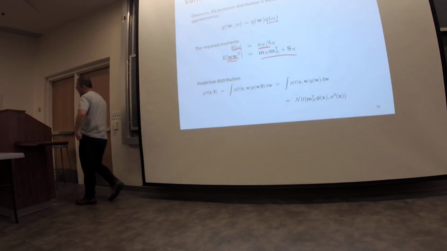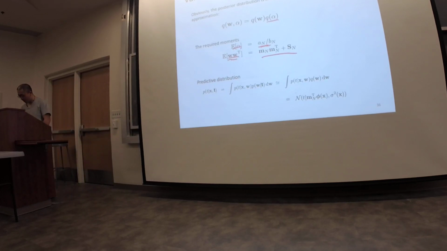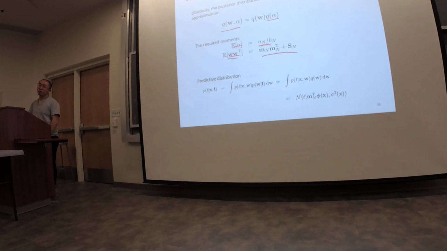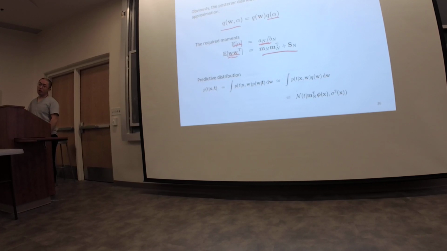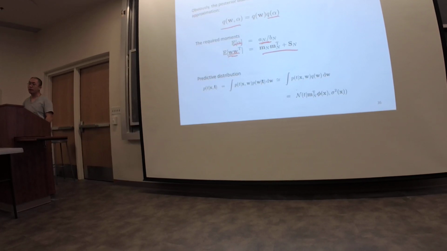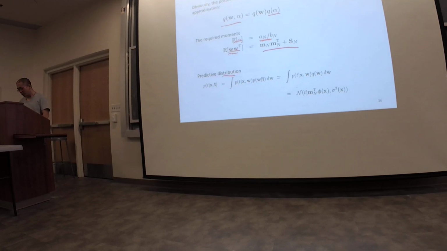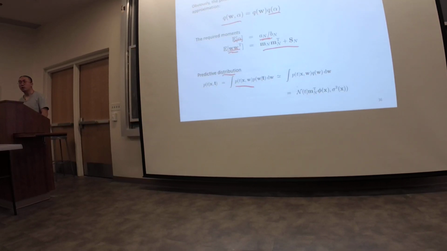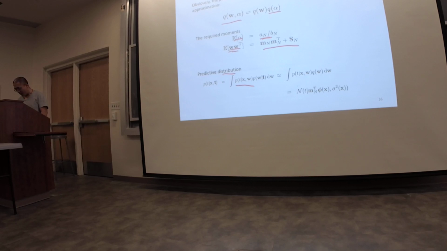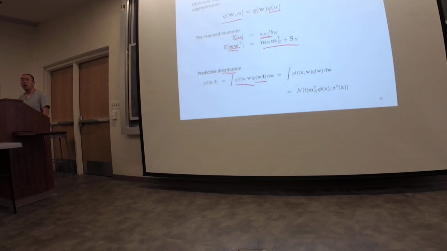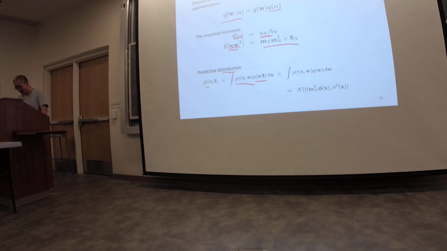And finally, you can find your approximate posterior distribution. With this approximate posterior distribution, you can compute the predictive distribution. The predictive distribution is the likelihood multiplied with the posterior distribution of W, integrated over all W, so that you get the distribution of your test response given the training data.